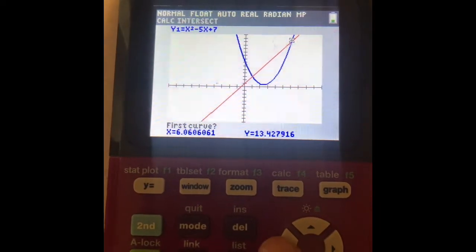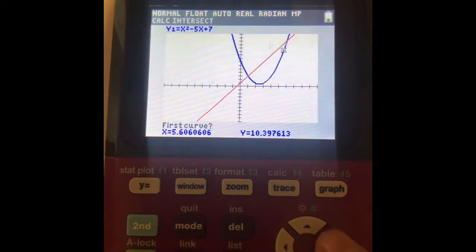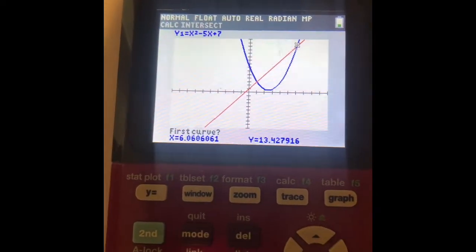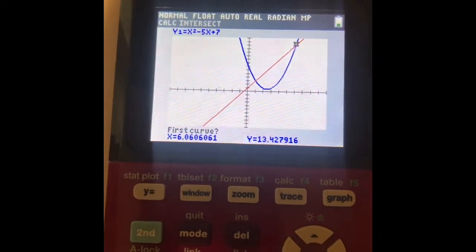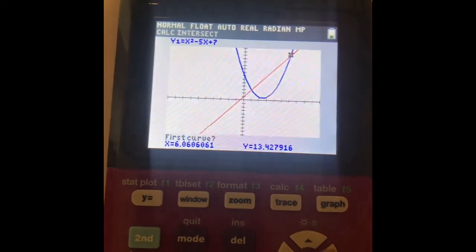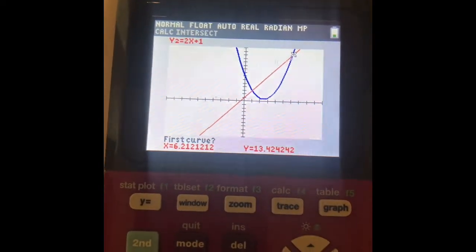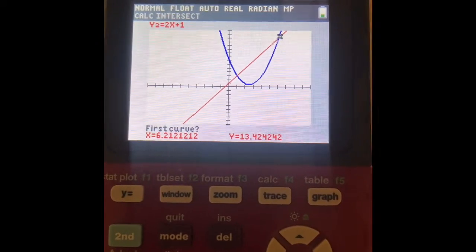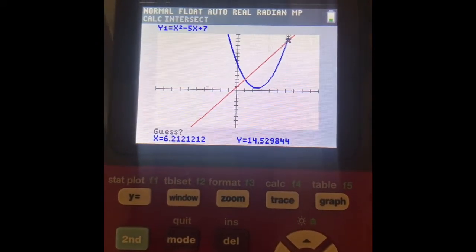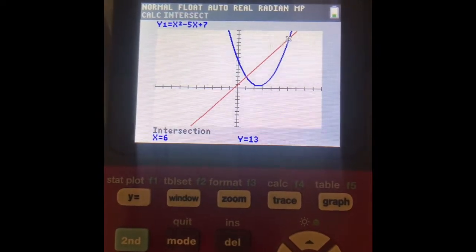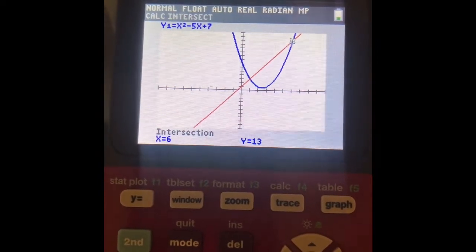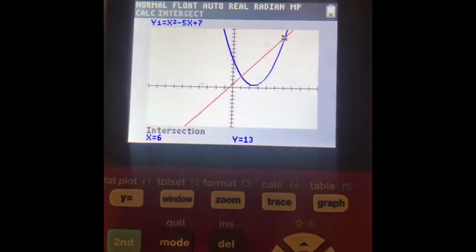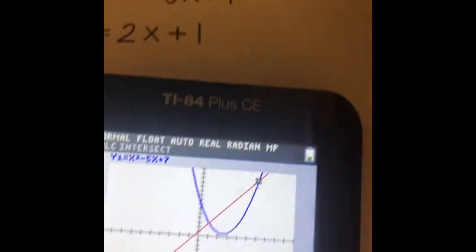Then what you're going to do, this is kind of a weird process, but you actually want to put the cursor near one of the intersections, so that way it knows which one to find. So mine's already over here, okay? Then from there, you're going to click enter 3 times. So 1, 2, 3, and then at the bottom, it shows us that the intersection is 6, 13. Okay, so that's one of them, so we'll go ahead and write that down.